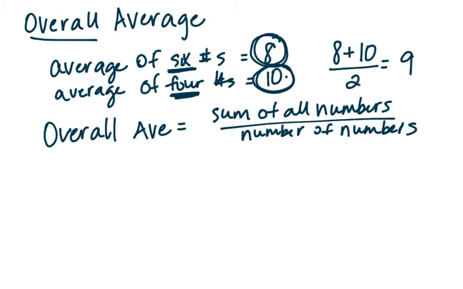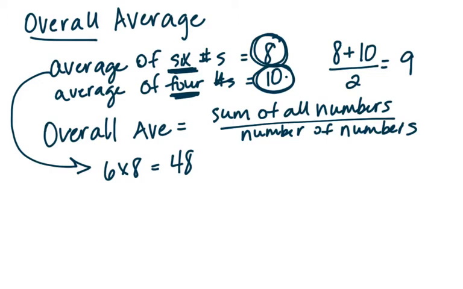So we knew the average of the first 6 numbers was 8. So the sum of the first 6 numbers has to be 6 times 8. Because again, the average of the 6 numbers is 8. So if there were 6 numbers, we knew they had to add up to 48 in some way. We don't know what each of the 6 numbers were, but we know they add to 48.